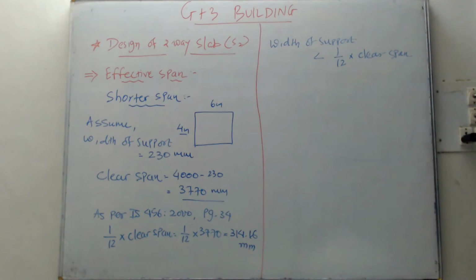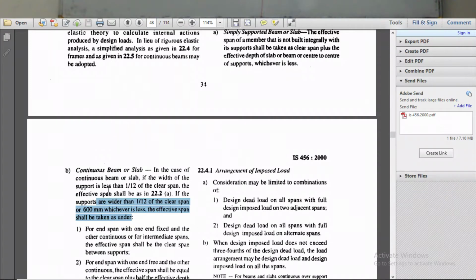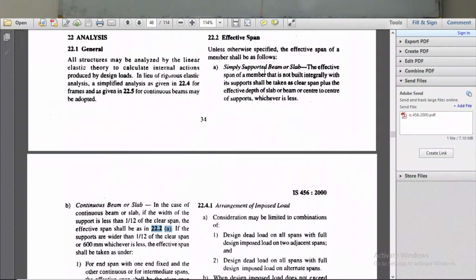If the width of support is less than 1 by 12 of clear span, the effective span shall be taken as 22.2a. So we need to consider this clause now, and in this the effective span is the smaller of two values, that is clear span plus effective depth of slab or center to center of support, whichever is less. So we are going to consider this now for calculation of effective span.